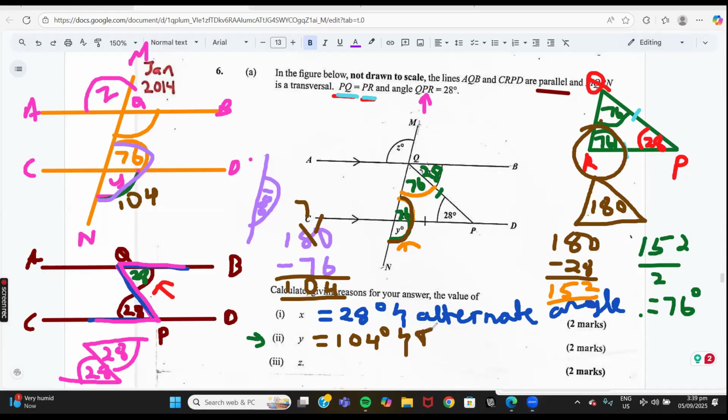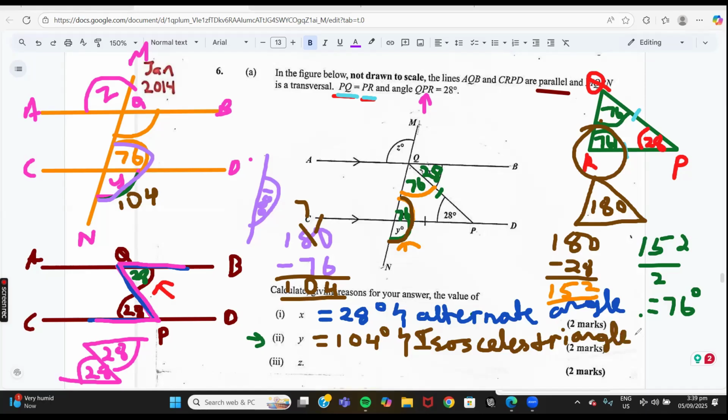Now you don't have to explain it. Some students explain it, but they only give you one mark for a reason. So why waste time and write a whole paragraph or story? You just need to mention the rules and you will get the second mark.